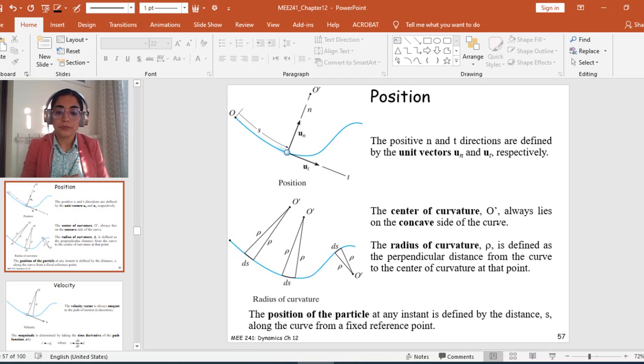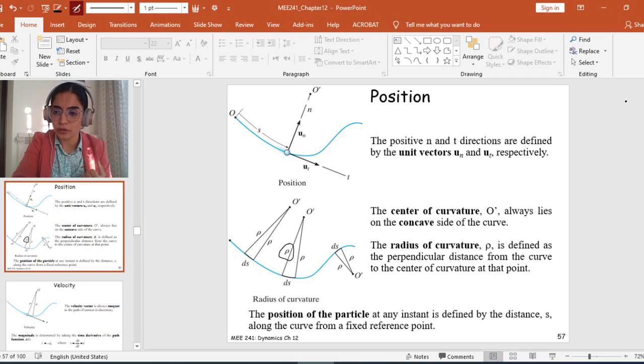Now, if I need to define this center of curvature, I'm going to start by defining the radius of curvature. The radius of curvature is defined as rho. And rho, if you want to do the analogy, is r in the circle.